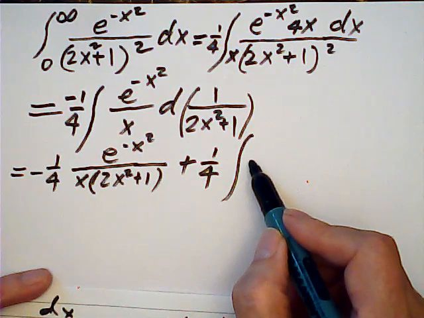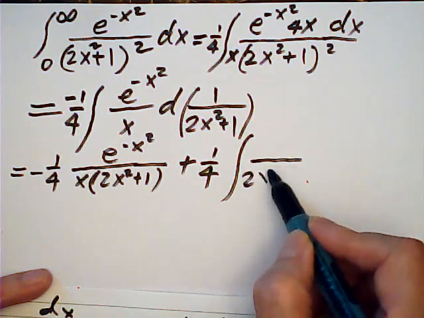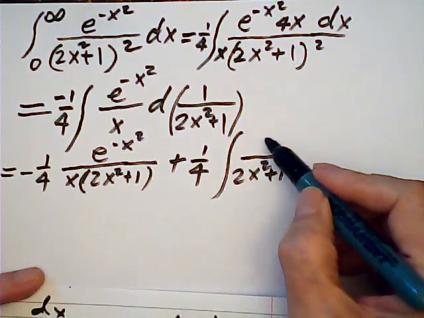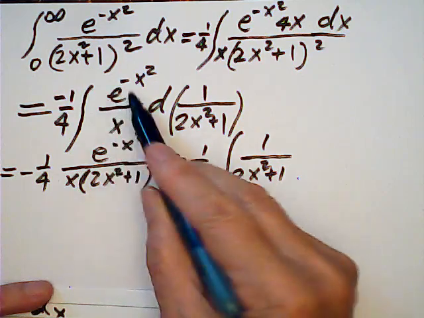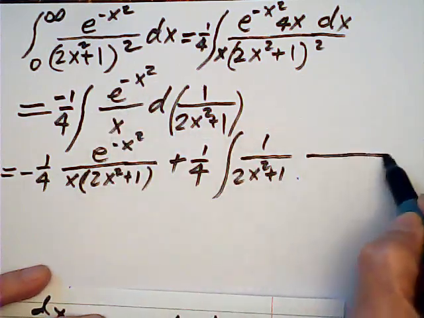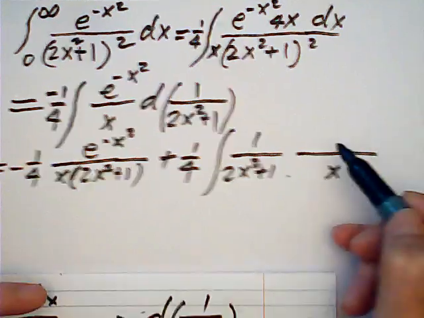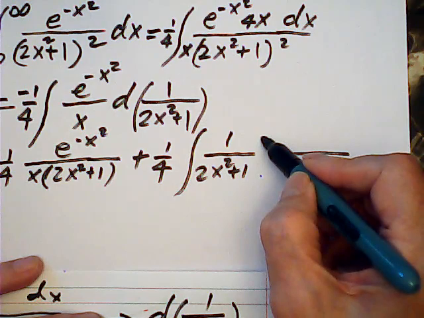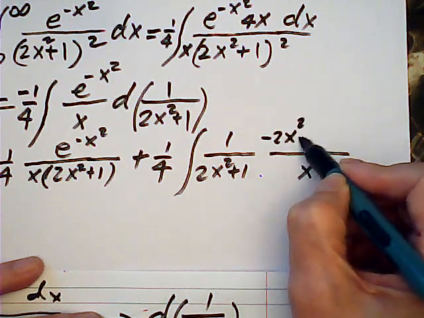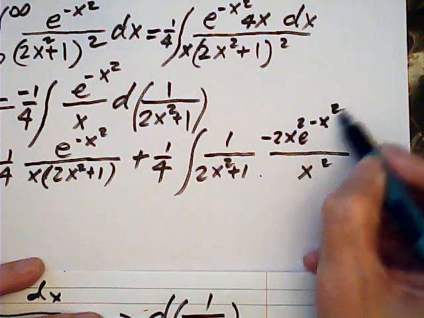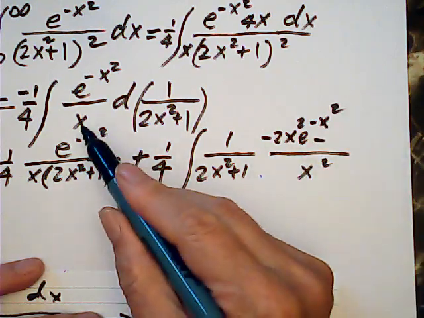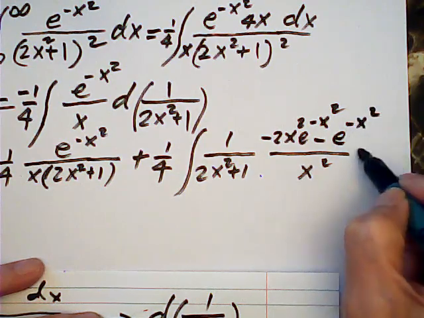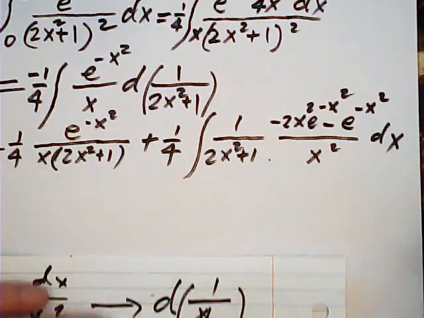Now v is this, 2x squared plus 1, and du is this derivative, which is x squared, and this square times this one is a negative 2x squared e to the negative x squared, minus this derivative times this one is a negative e to the negative x squared dx.